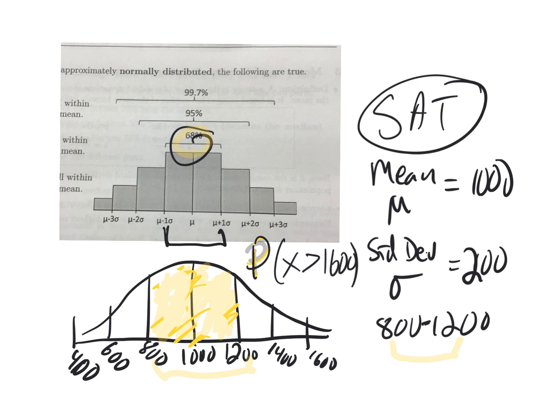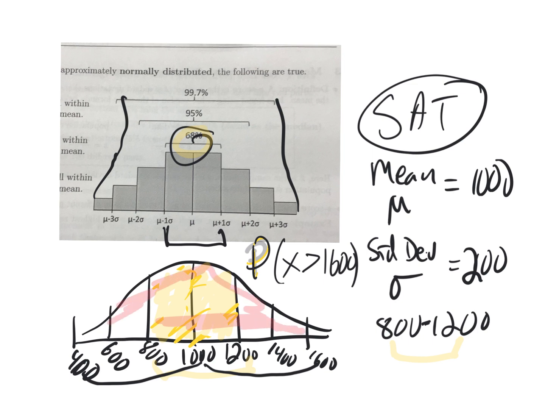Well, what I think is really cool about this is that I see that 1,600 is 3 standard deviations above the mean, and that's one of the nice 68, 95, 99.7 empirical rule numbers. It covers 99.7% of the test scores, the test takers. So in this range in here, that's where the 99.7 comes from.